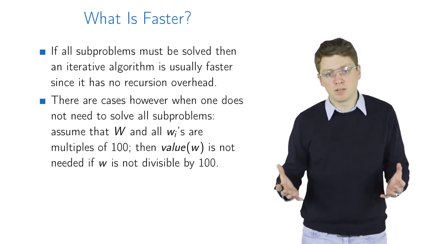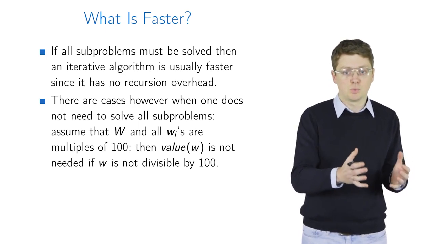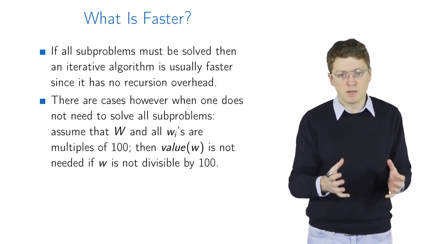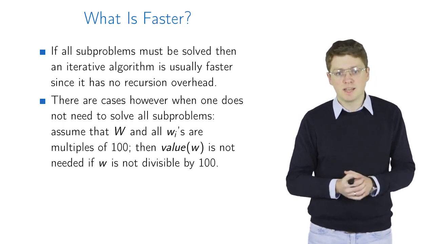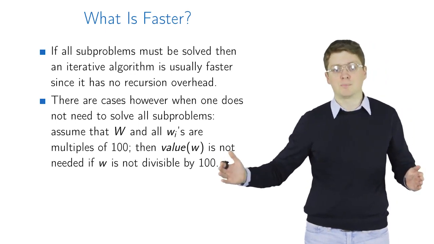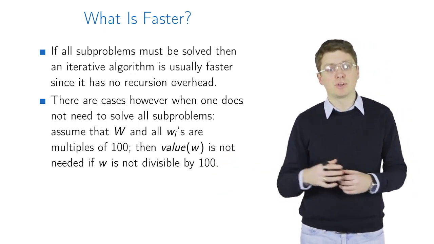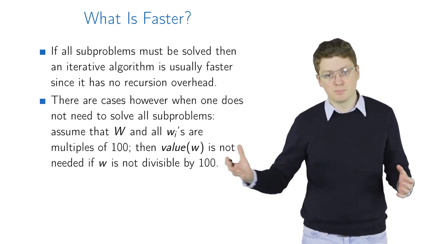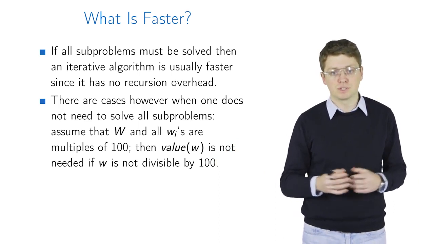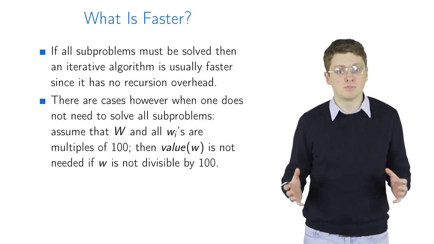Just because for any subset of items, since all the weights of items are divisible by 100, their total weight is also divisible by 100. So in this case, an iterative algorithm will still solve the whole range of subproblems, while a recursive algorithm will make only those recursive calls that are actually needed to compute the final solution. So it will make only recursive calls to subproblems whose weights are divisible by 100.